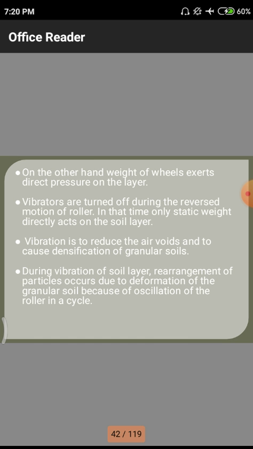Normally these vibrations are to reduce the air voids and to cause densification of granular soils. We have different types of soils: granular soils, sandy soils, silty soils, clay soils. As previously discussed, granular soils have a huge amount of voids, but silty soils have fewer voids because of their particle sizes.